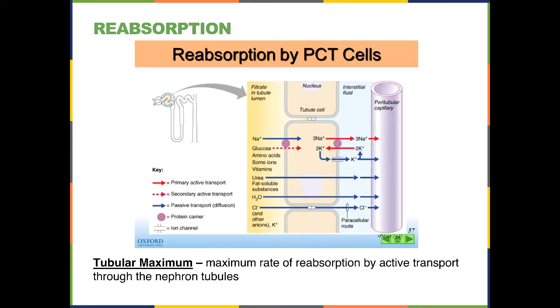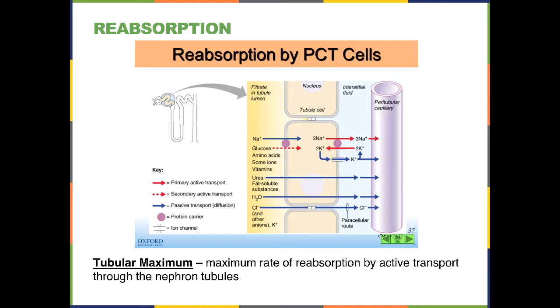But then, most of this is reabsorbed, and it's primarily reabsorbed in the proximal convoluted tubule. What you see here is, on the left is the urine side, and on the right is the blood vessel, or the efferent capillary.